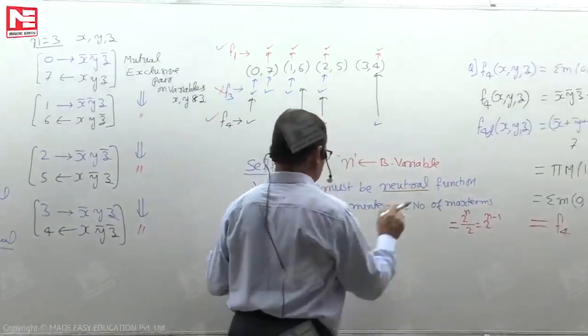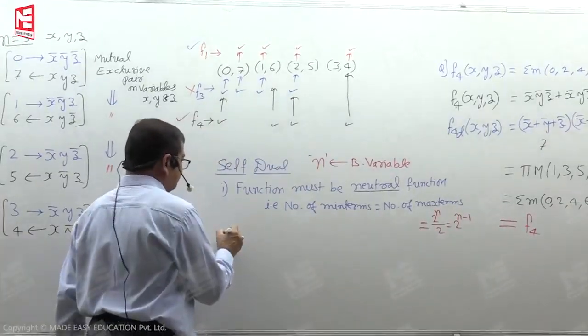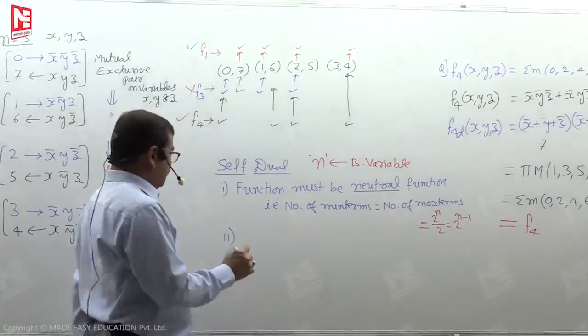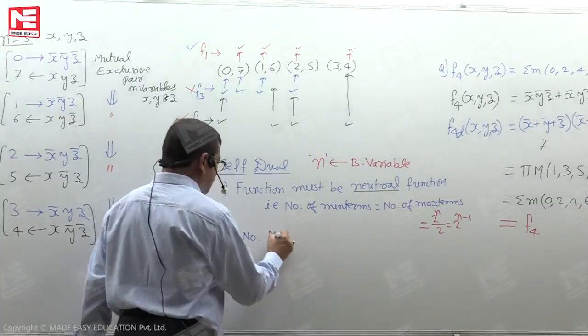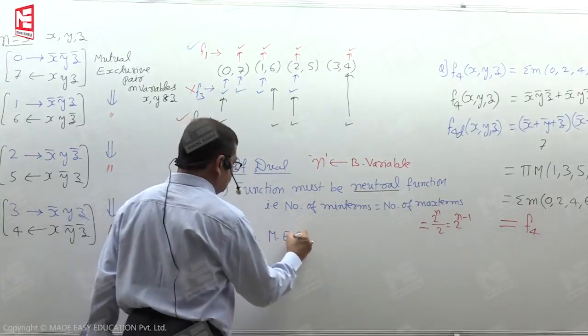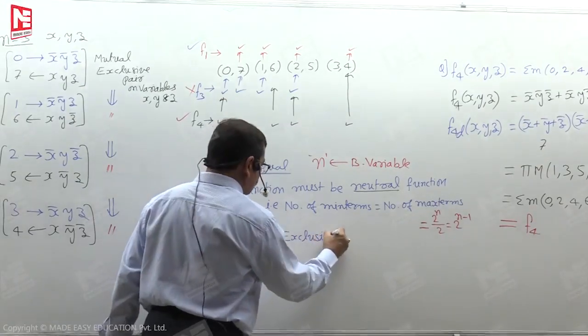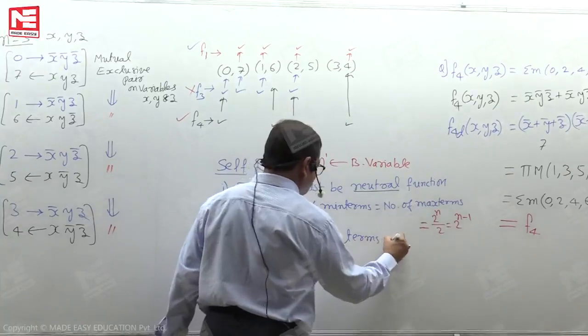That is the meaning of a neutral function. Then the second condition is no mutual exclusive terms in the function.